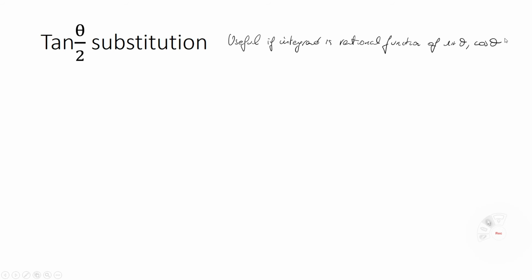So in that case, we're going to make the substitution x equal to tan theta over 2. In other words, theta, our new variable, is inverse tan of x, times 2. And therefore d theta is 2 times dx over 1 plus x squared.